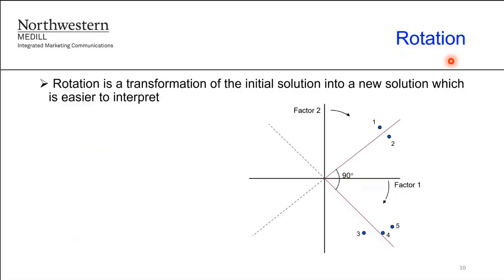The rotation is a transformation of the initial solution into a new solution, which is easier to interpret. So the rotation result is that each question loads more heavily on one factor, which makes the interpretation easier.